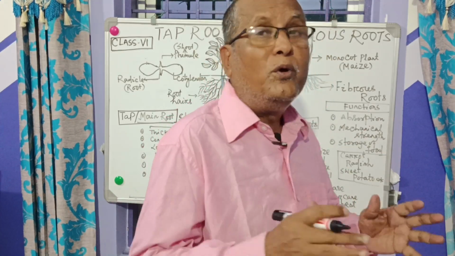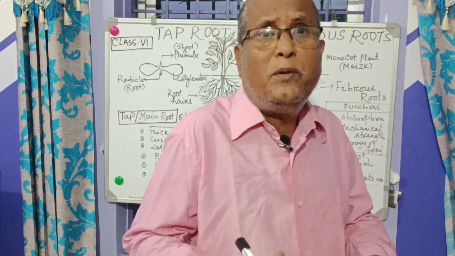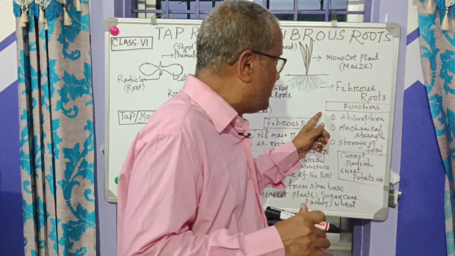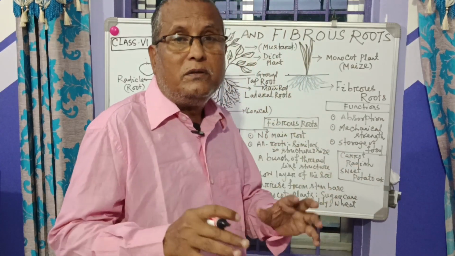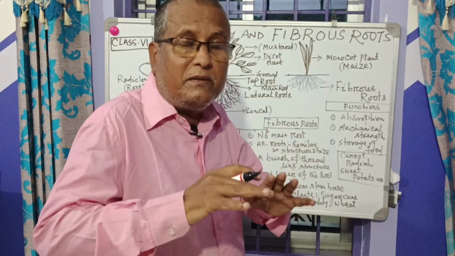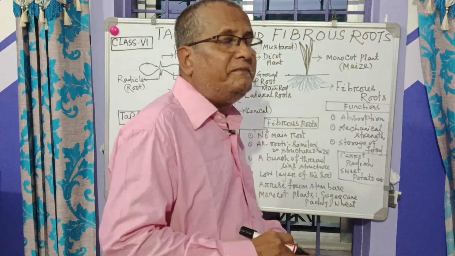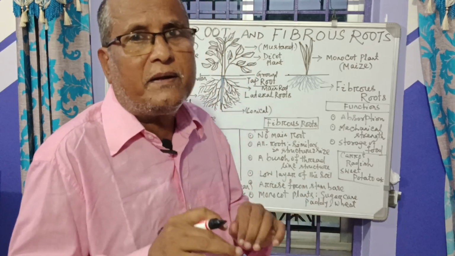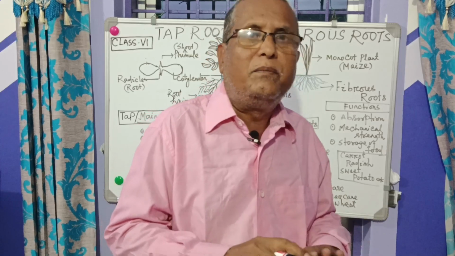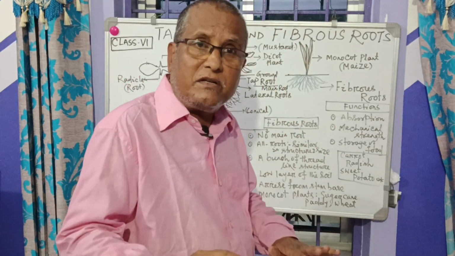Where is the food prepared? The roots absorb water and minerals, which are transported to the leaves, and the leaves prepare food for the plant by the process of photosynthesis, which will be discussed in our next class.